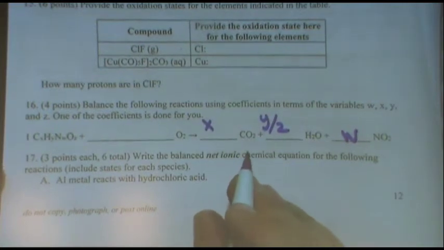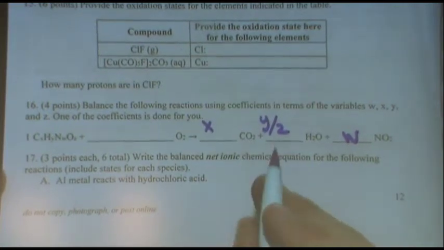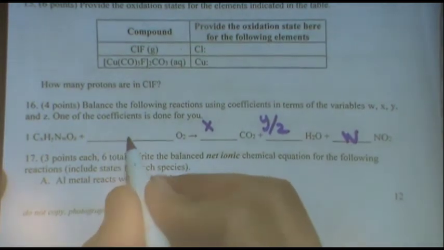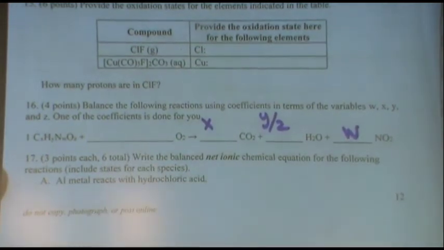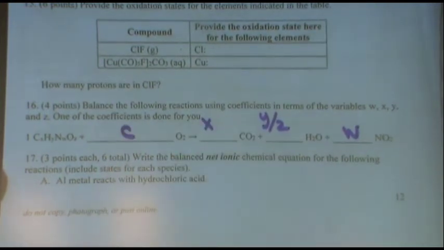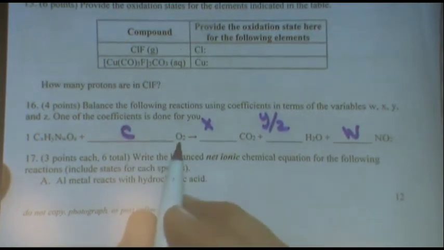Now the pain comes for oxygen. Let's just pick a new variable. Who has this question? What's your favorite letter? C. Okay, we'll just call it C for now. This is to figure out what the coefficient for oxygen is. This is the last coefficient.